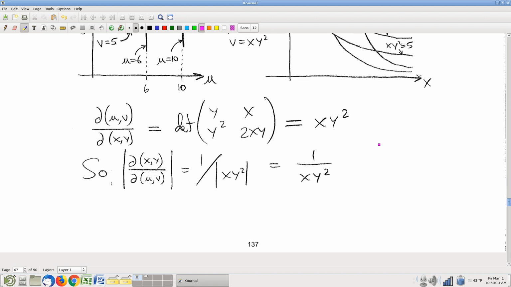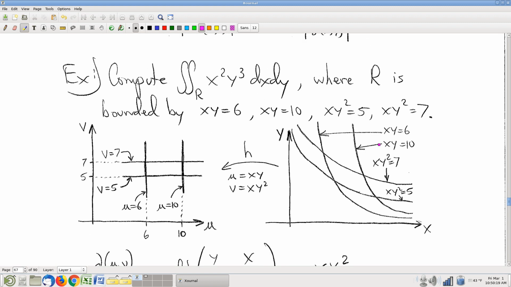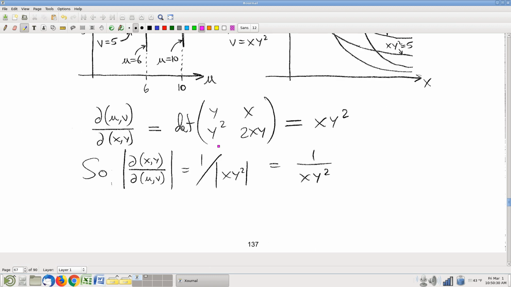Okay, now there's a couple of little algebraic annoyances that come up this way. Don't forget, we're doing a pullback. Our pullback is still going that way. So I'd still like to be able to rewrite x's and y's in terms of u's and v's, and notice that this is not in terms of u and v.